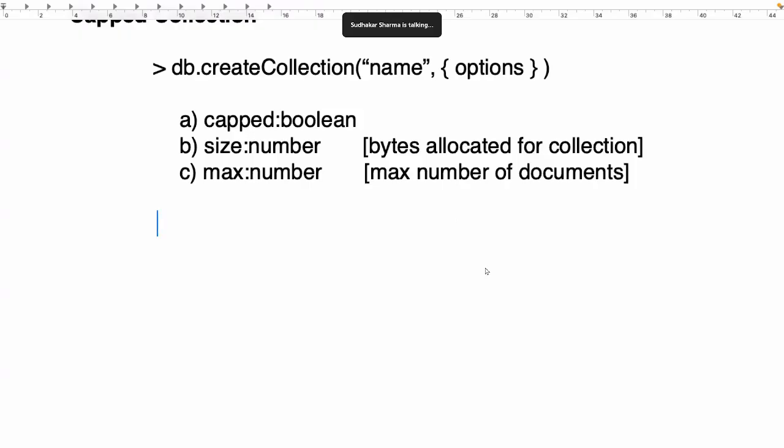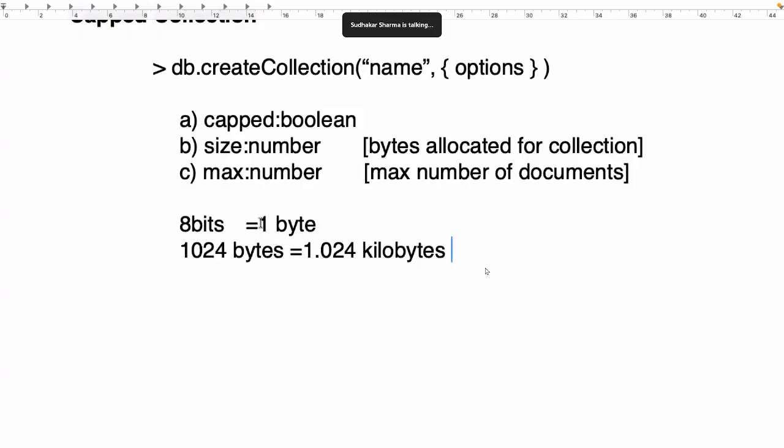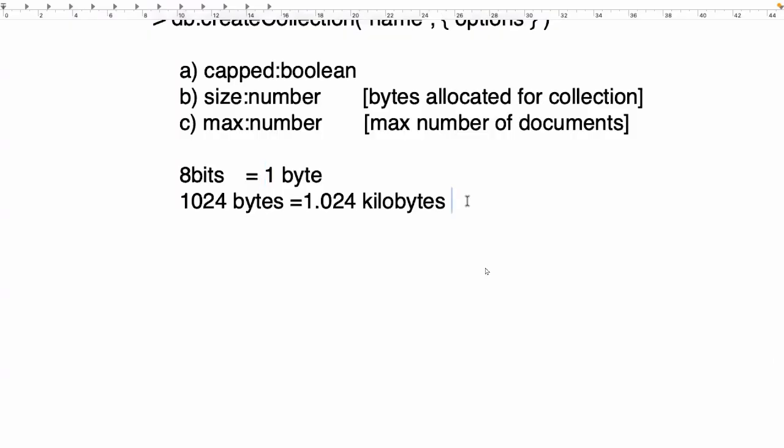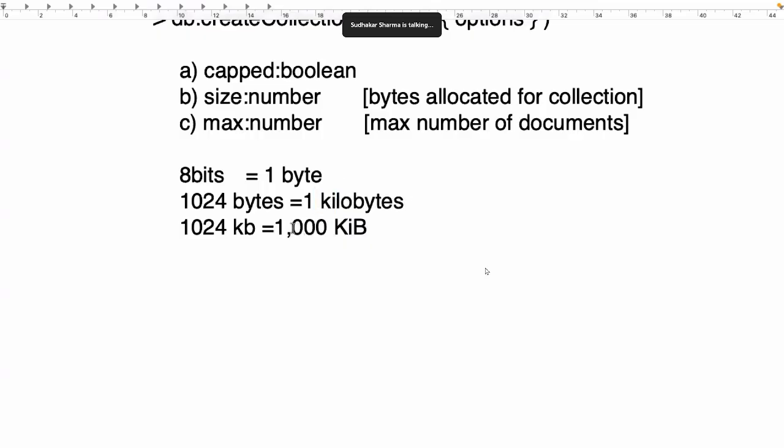Actually, size must be in bytes only. You know that 8 bits is equal to 1 byte. 1024 bytes is equal to 1 kilobyte. 1024 kilobytes is equal to 1 megabyte. 1024 MB is equal to 1 GB, 1 gigabyte.